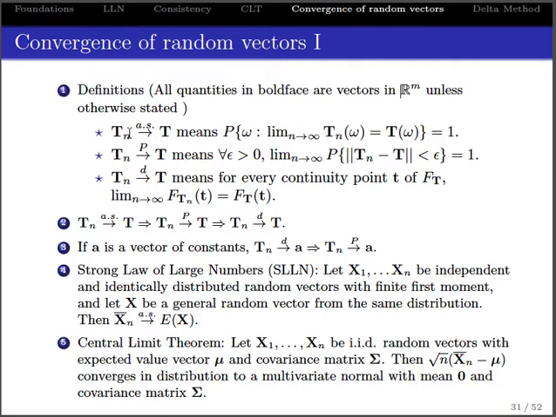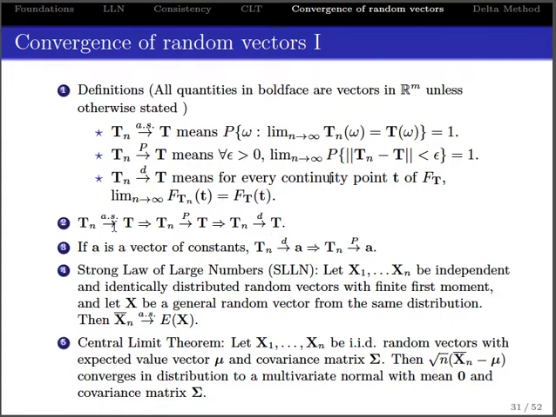So now we've got an m-dimensional vector of random variables converging to an m-dimensional target, and it means exactly the same definition that you would have had for the scalars. For strong convergence, almost surely, that is, convergence in probability, and convergence in distribution, it's exactly the same thing, except that everything is vector valued.